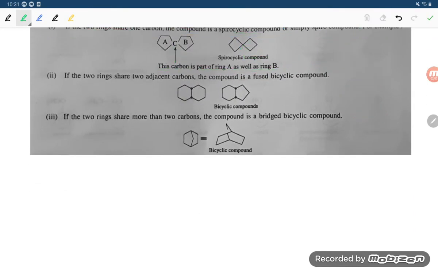Now case 2. If the two rings share two adjacent carbons, the compound is a fused cyclic compound.